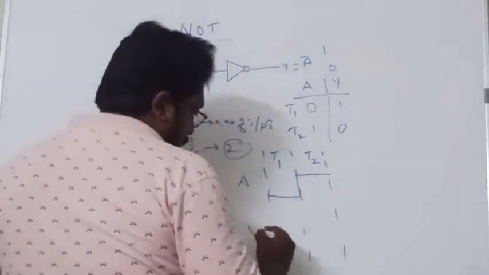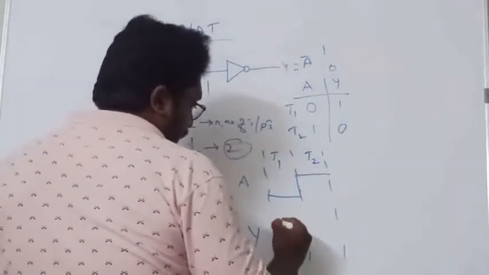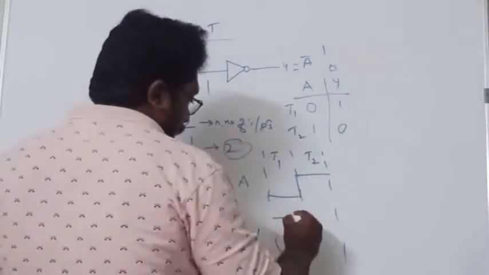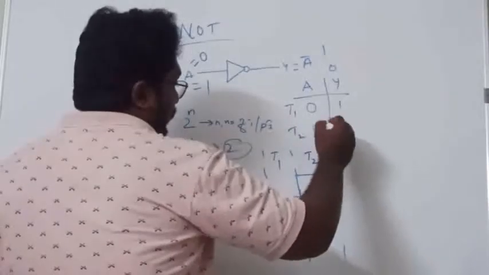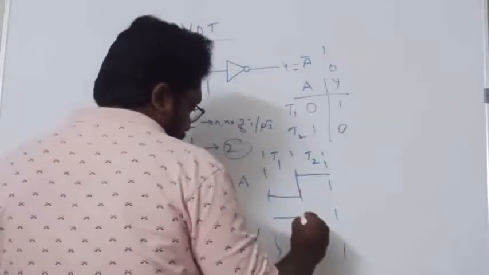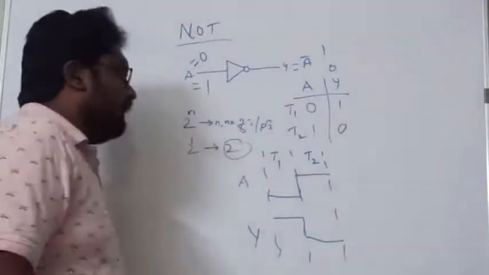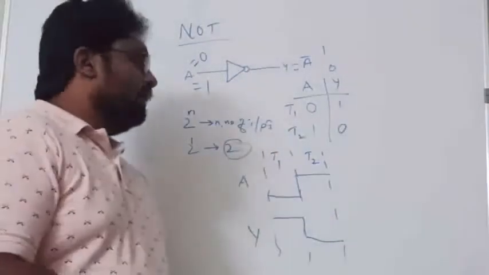For the output, when the input is 0, the output Y is 1, and for 1 the output is 0, so it lowers here. This is the timing diagram representation of a NOT gate.